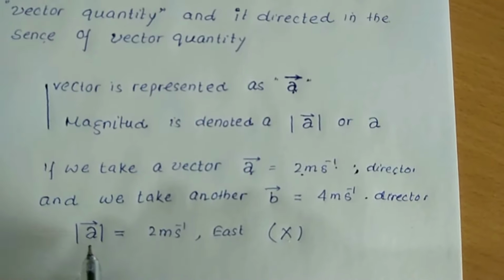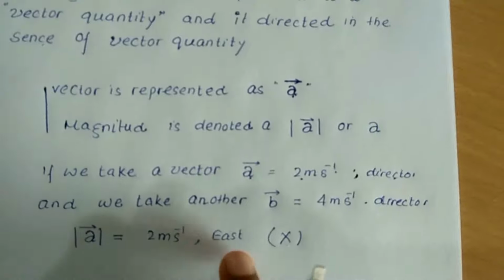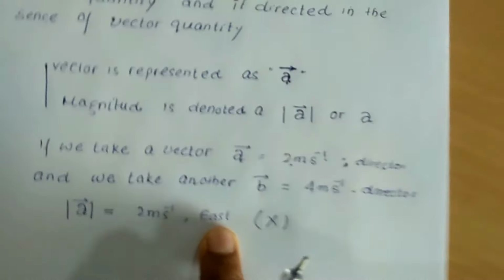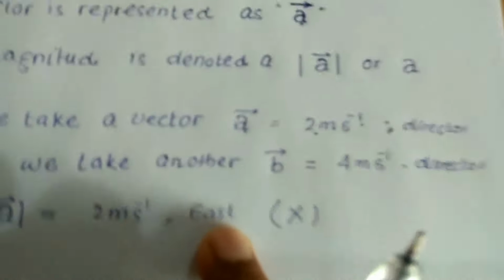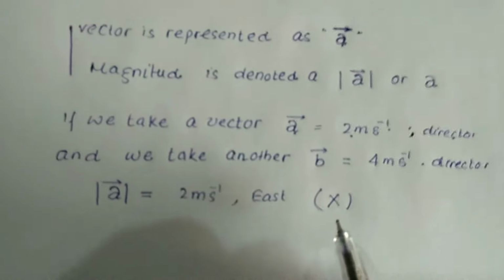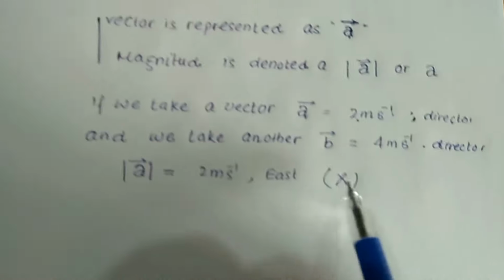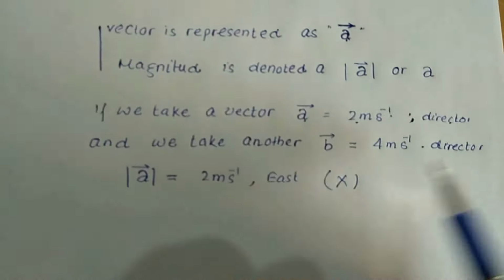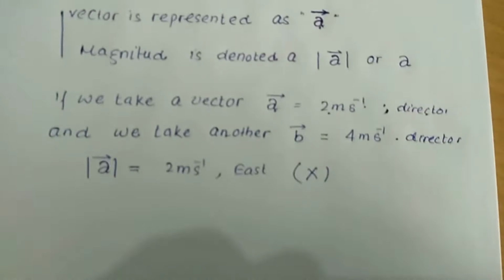This is a magnitude, so not the right side. We take a direction, so it is the good representation. The other is wrong. These are the representations.